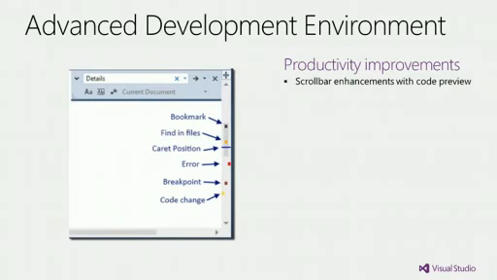Basically, we borrowed some of the improvements that we put inside Power Tools to enable us to annotate the scroll bar and put small glyphs into it, so you can see from the slide here that we can see where breakpoints are, code changes, where things are found in file, where the caret is, that kind of stuff. So we've augmented the scroll bar to enable you to see within the files very quickly where you want to go as you're traveling up and down the scroll bar.